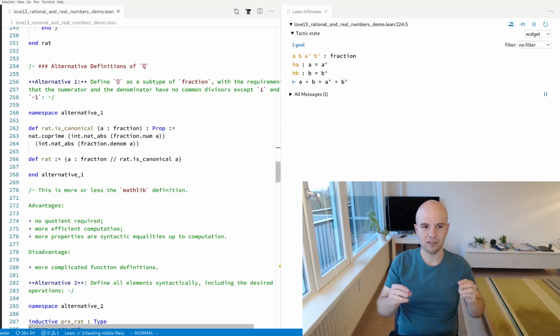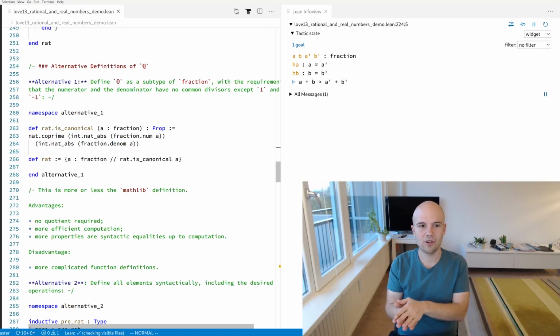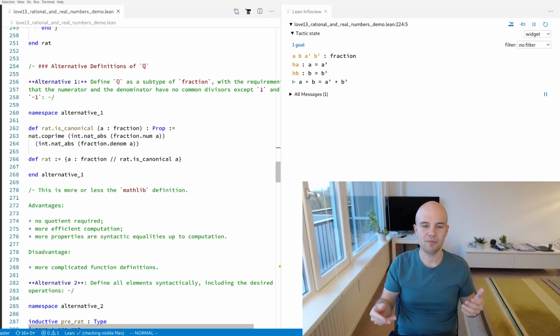And the way the code is actually executed in the virtual machine is by working on the underlying type. So if we work on a quotient, the multiplication of rational numbers will work with whatever fraction you used as an input, even if this fraction is unnecessarily large. However, if you use a subtype, if you evaluate the multiplication operation, the VM will always use this maximally reduced fraction, which can be faster.